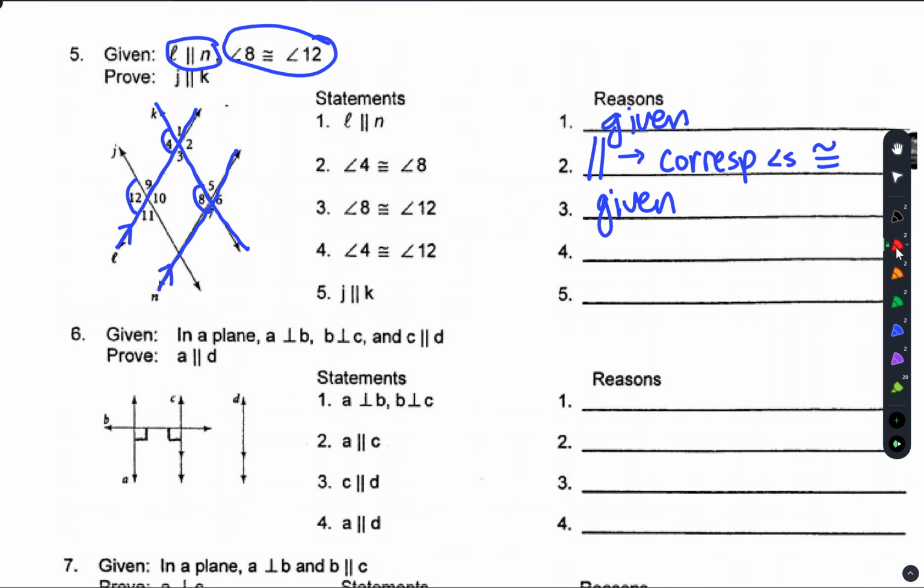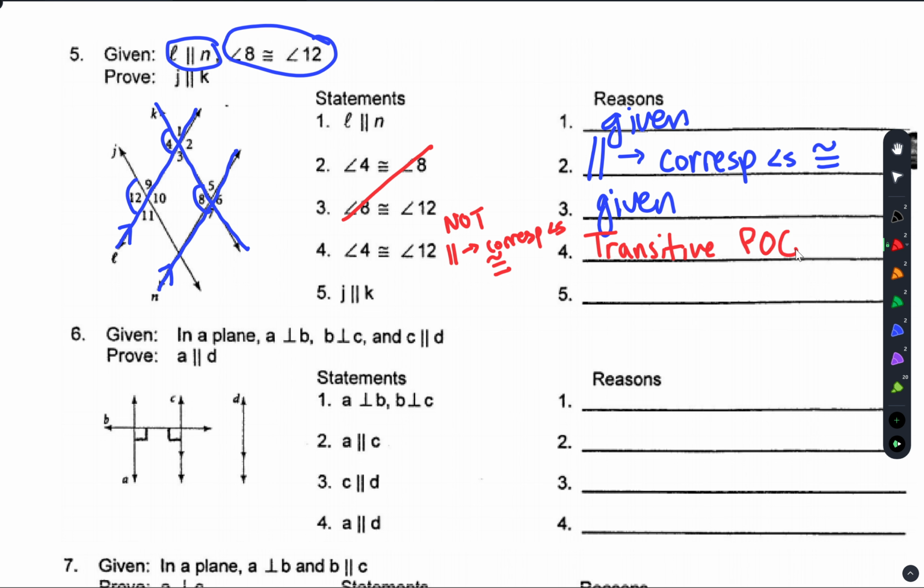It is not corresponding angles are congruent. Give me a different reason why those could be congruent. Yeah, that's just transitive. I'm crossing out this 8 and saying that 4 and 12 are congruent because of the transitive property of congruence.